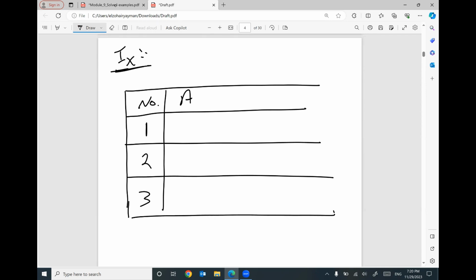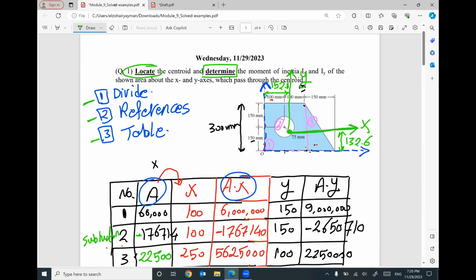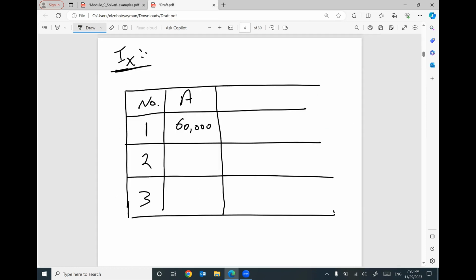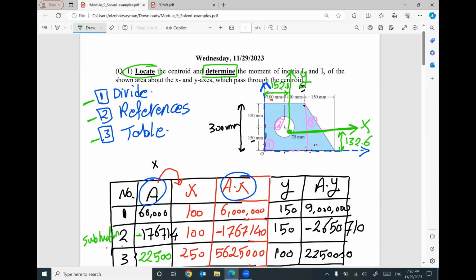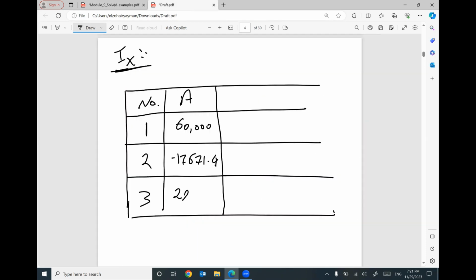What was the area of each part? Part number 1, if you remember, 60,000. Part number 2, if you remember, negative 17,671.4. Part number 3, 22,500.